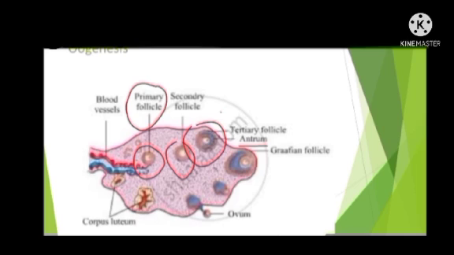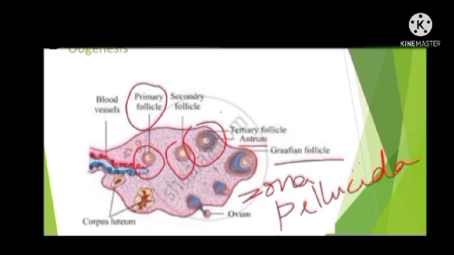It changes into the mature Graafian follicle. The secondary oocyte present inside the Graafian follicle develops another membrane around it, and that membrane is called the zona pellucida.